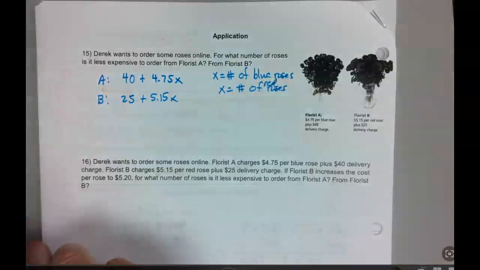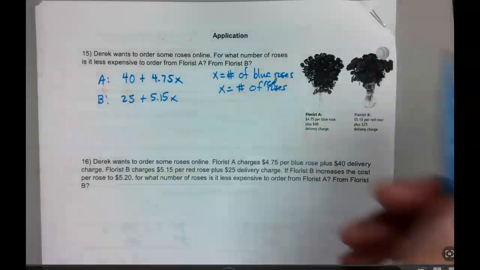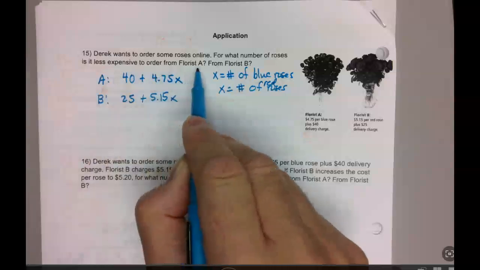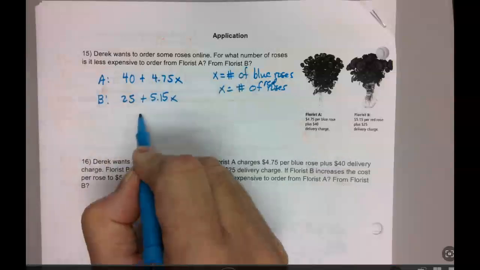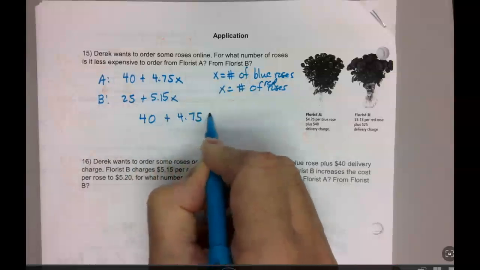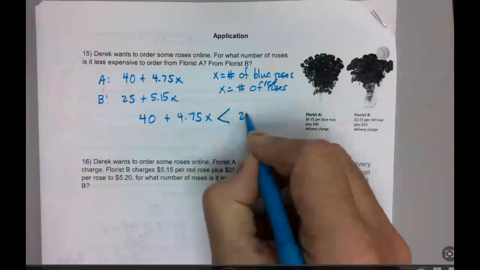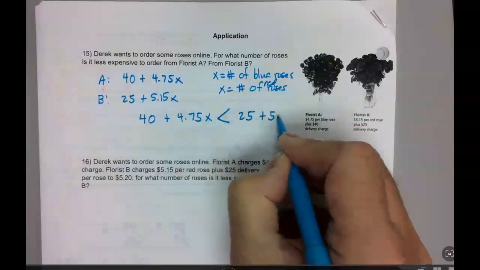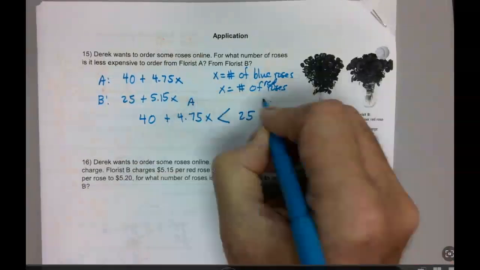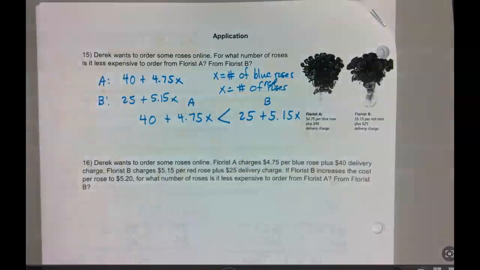So they want to know, Derek wants to order some roses online, for what number of roses is it less expensive to order from florist A or florist B? So 40 plus 4.75x, we want it to be less than the price of 25 plus $5.15x. So this is A and this is B. We want A to be less than, correct? Agreed?